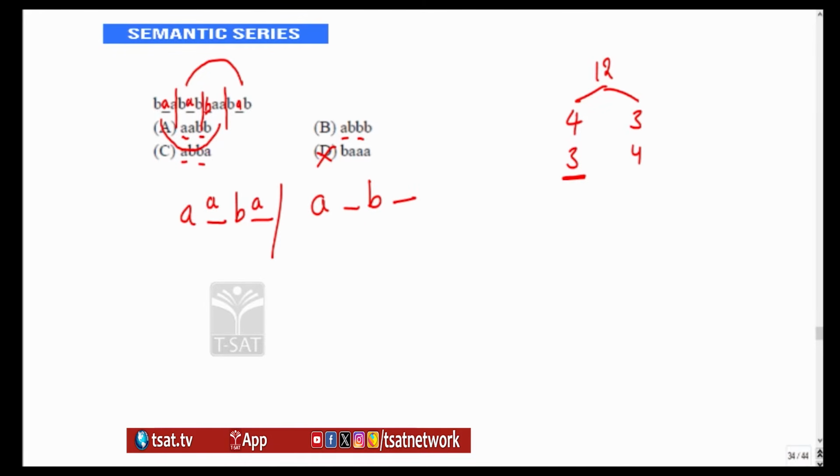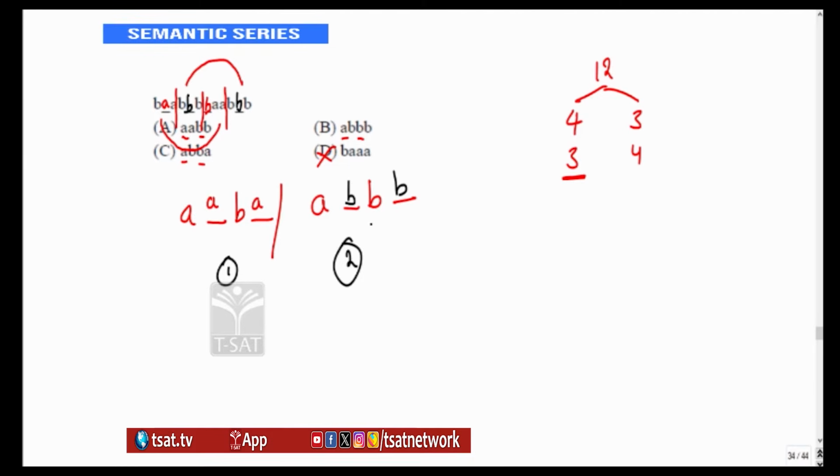Or if we fill with another letter, for example B here, here also B, then BBB, here also BBB, then your answer will become B and B. So now your answer is either the first one or the second one.